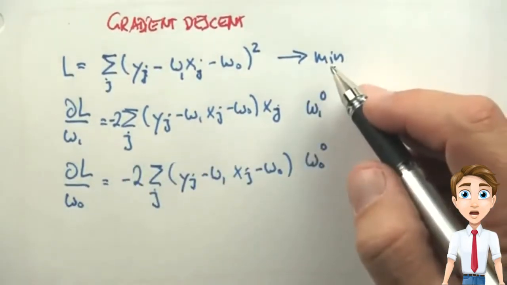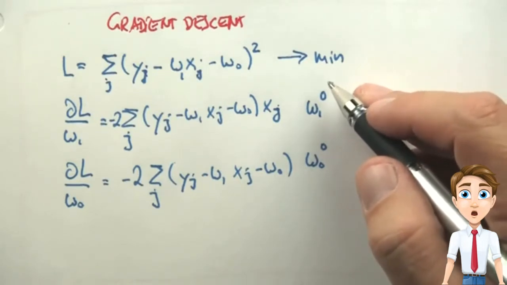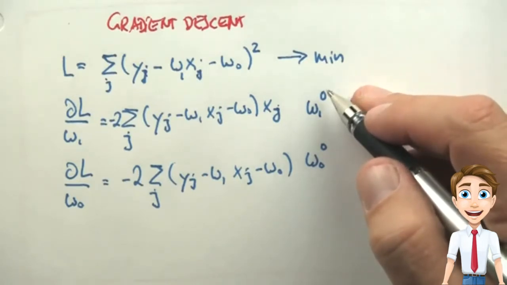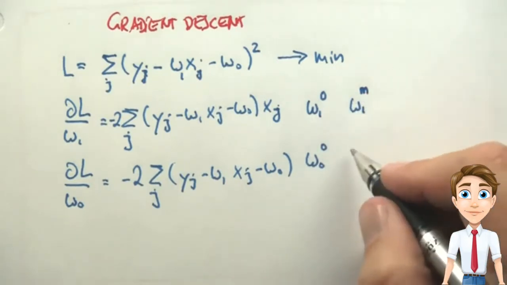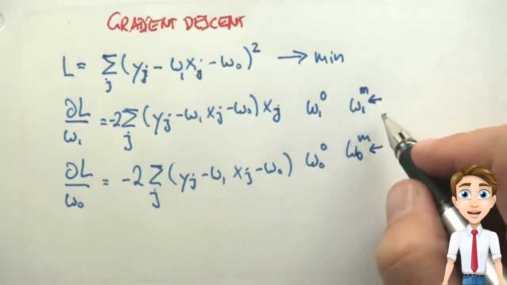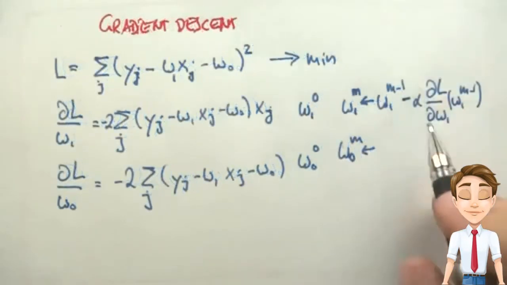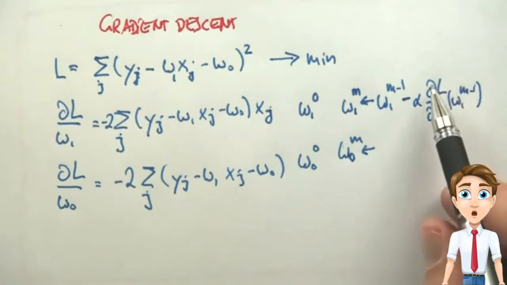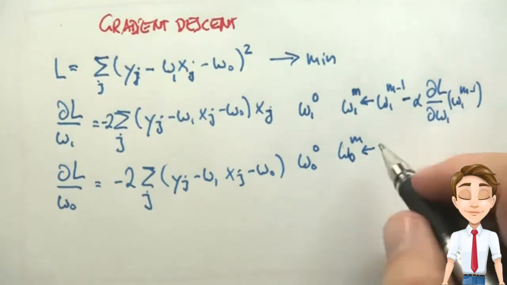So in gradient descent, we start with W1,0 and W0,0, where the upper cap 0 corresponds to the iteration index of gradient descent. And then we iterate. In the mth iteration, we get our new estimate by using the old estimate minus a learning rate of this gradient over here taken at the position of the old estimate, W1 m minus 1.